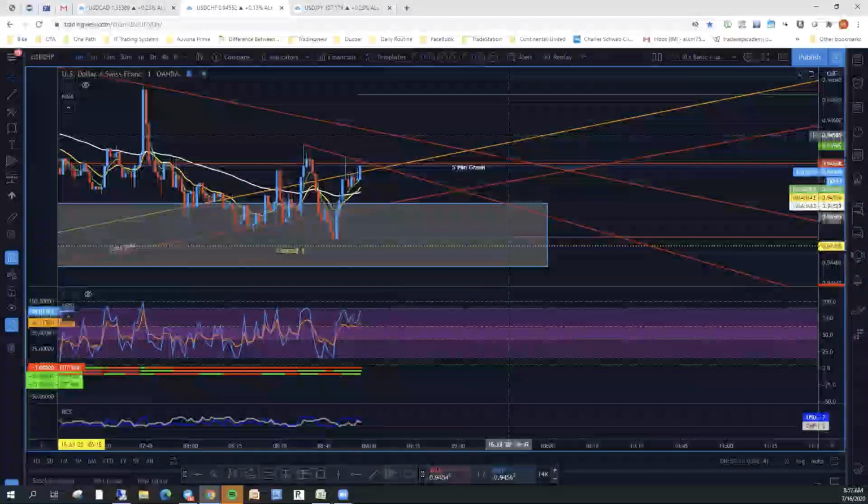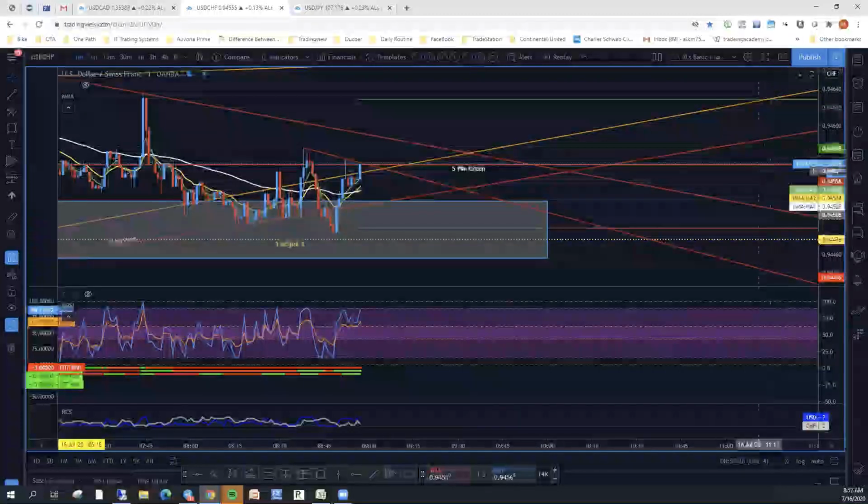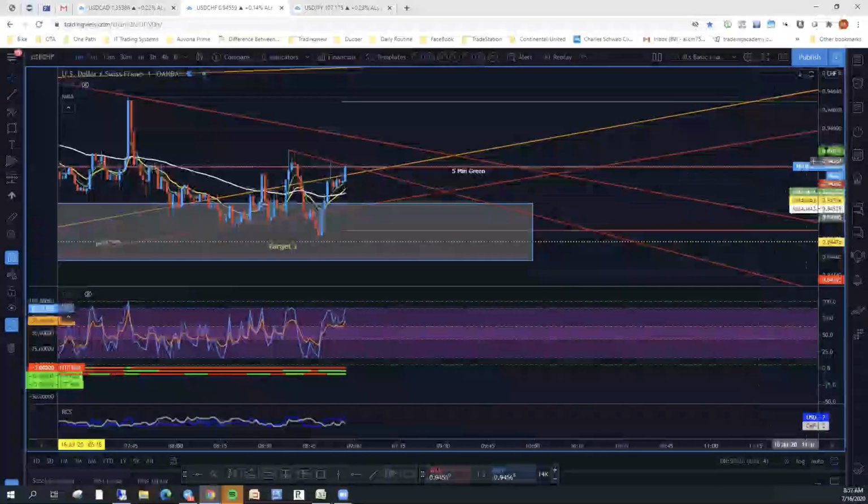US CAD came back into our original entry zone again. It's gone up twice, 7 pips twice. This is the third time. Well, we don't know if it's going to go up or not, but it looks like the CAD was the better one to trade today.